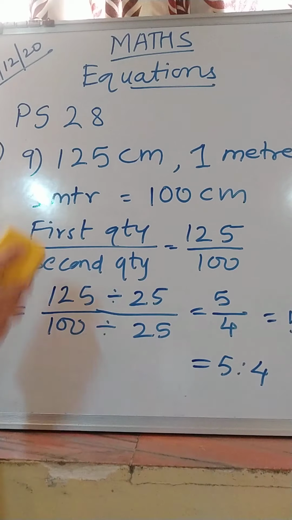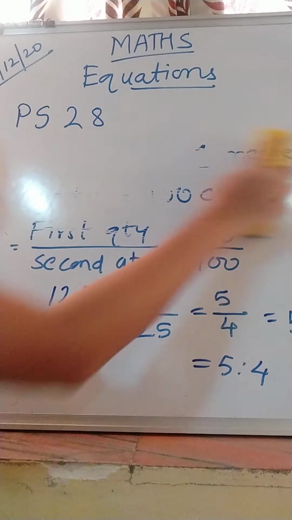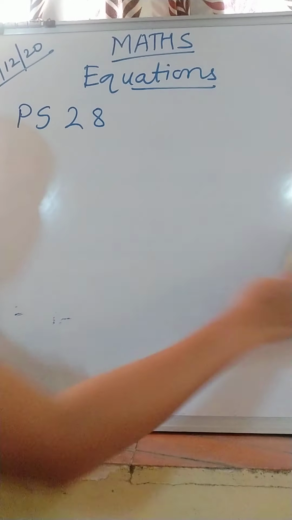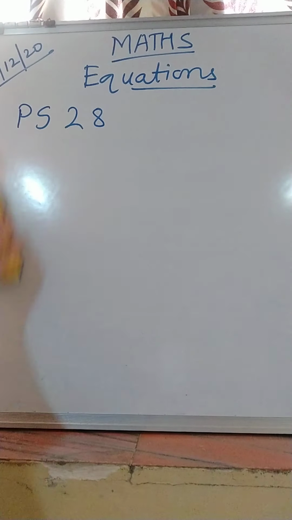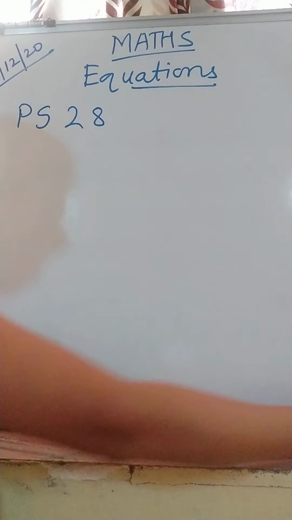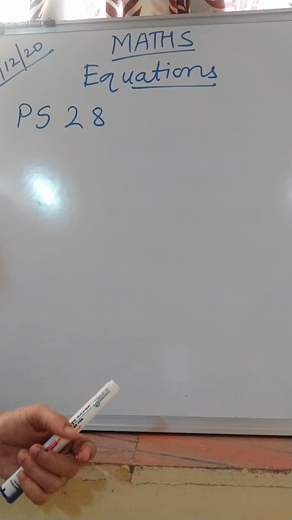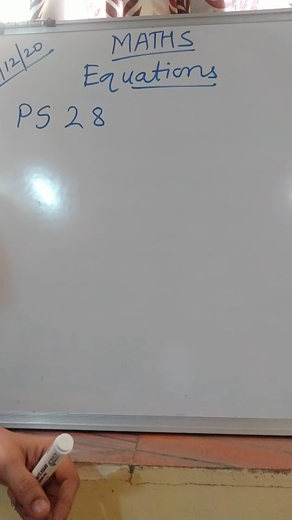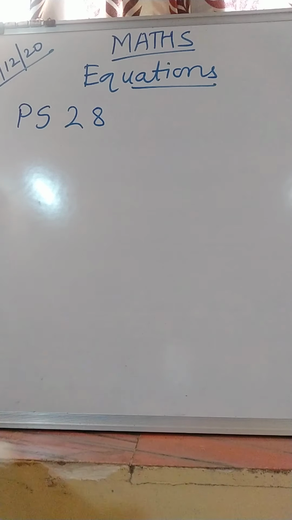Rima has 24 notebooks and 18 books. Find the ratio of notebook to book.